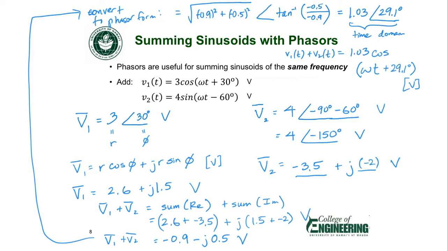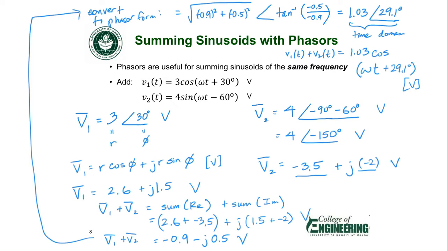Okay, so if we just look at these two time domain representations of V1 and V2, it's hard to intuitively know that this is going to be the summation of the two. Even if we look at the phasor representation of V1 and V2, it's still kind of hard to intuitively know what the answer is going to be.